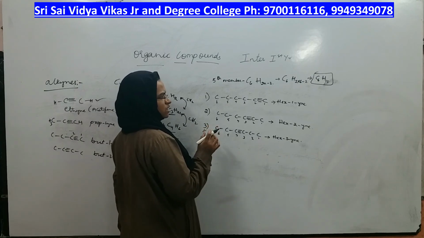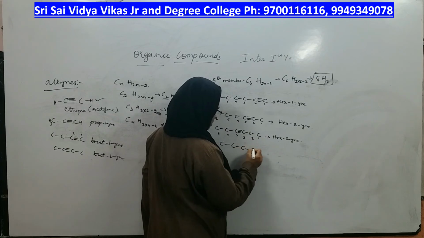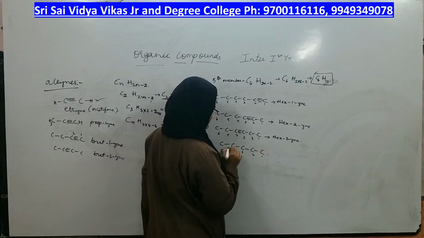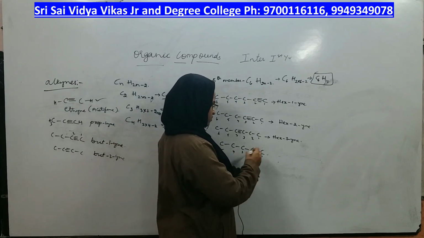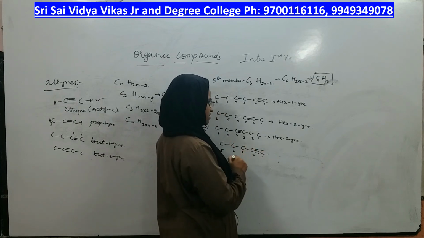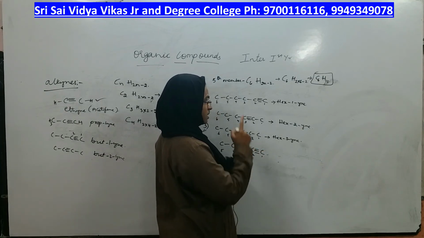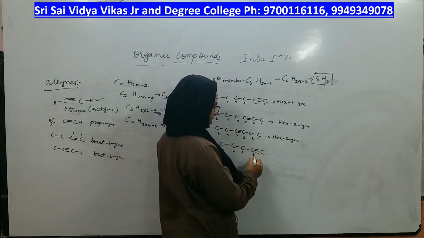Now let us reduce the number of carbons to 5. 1 2 3 4 and 5. I will give numberings also. Now what happens? At first what I have to do? I have to take the alkyne first, right? In the longest carbon chain, how many carbons are coming? 5, but the total should be 6. What should I do? I should take a methyl group.